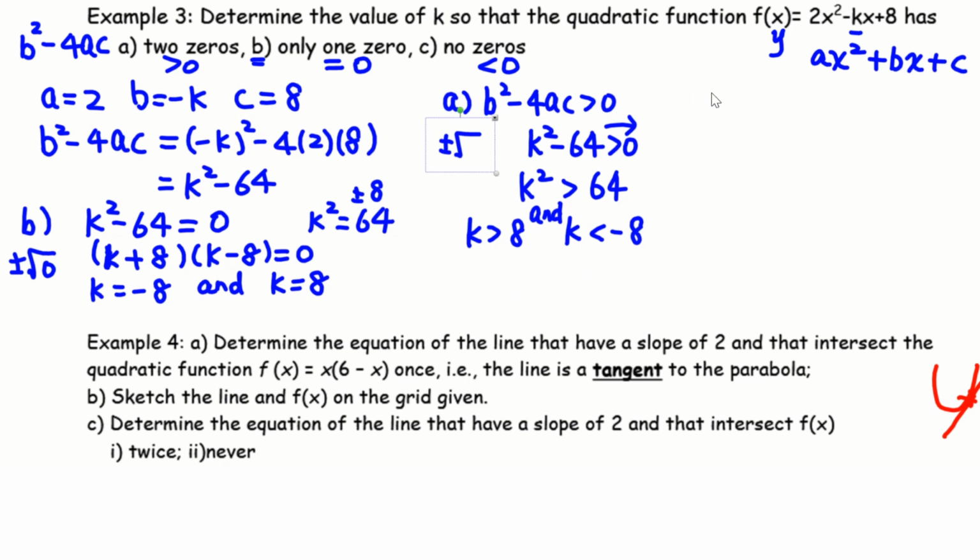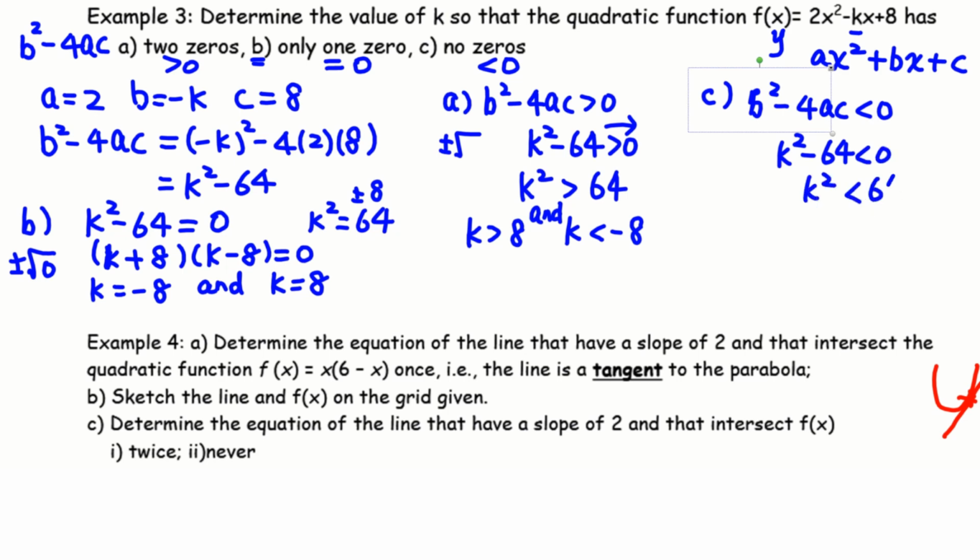And question C, no zeros. It means b squared minus 4ac needs to be less than 0. So k squared minus 64 needs to be less than 0. So k squared needs to be less than 64. Then we know that if k is less than 8, like 7, it will give you less than 64.